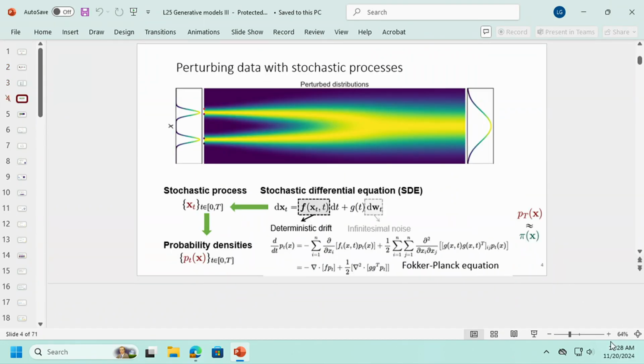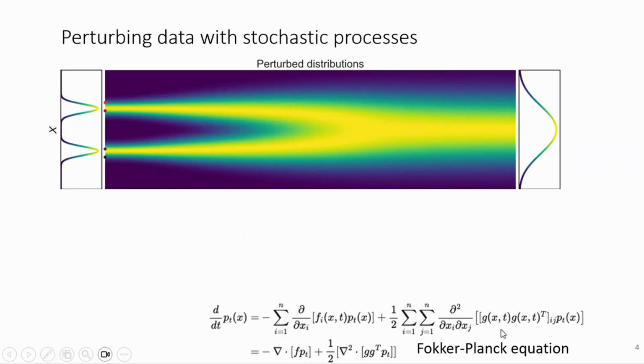So if we really want to view diffusion in the flow matching way, where you try to track the change of the probability, it's actually much more complex than what we get in flow matching, where it only depends on the divergence of the flow, effectively taking on that probability mass.